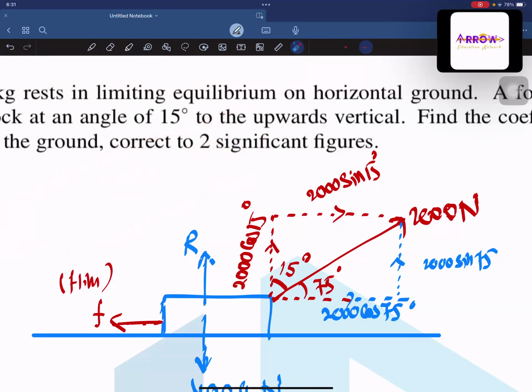So you need to be familiar with all of these ratios and identities which you have studied in pure mathematics. This is an alternative way to do this. However, I've just used the angle with the vertical, 15 degrees.